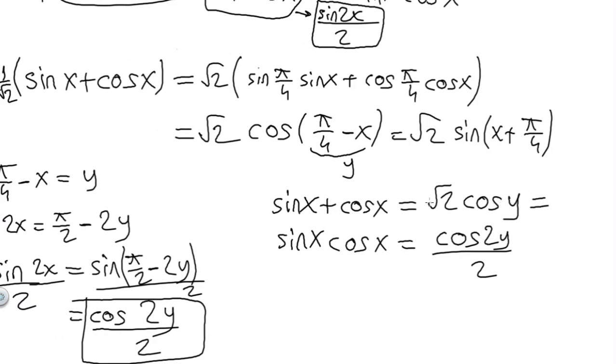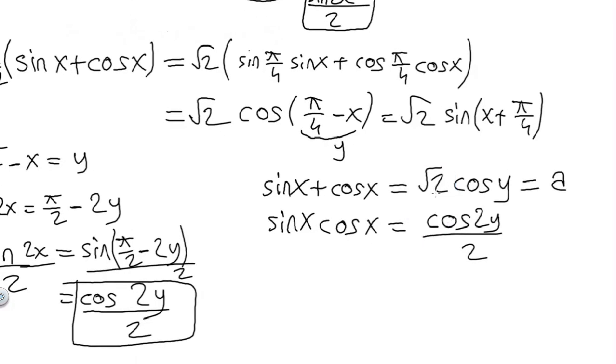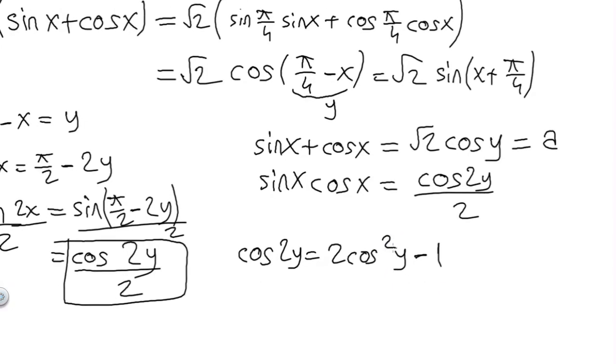For example, if I call this whole thing a, because cosine 2y has the square of this thing, the square root of 2 won't be a problem. I know that cosine 2y is just 2 cosine squared y minus 1. So cosine y is equal to a over square root of 2, so this will be a squared over 2, and the 2's will cancel. So this is just a squared minus 1. And this thing is now a squared minus 1 over 2, because I also have this over 2.